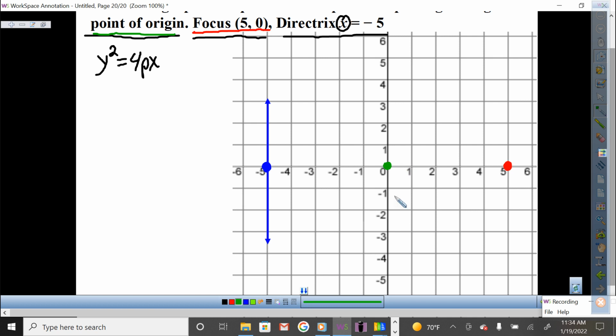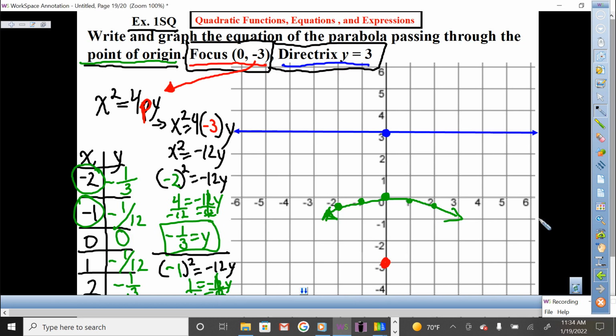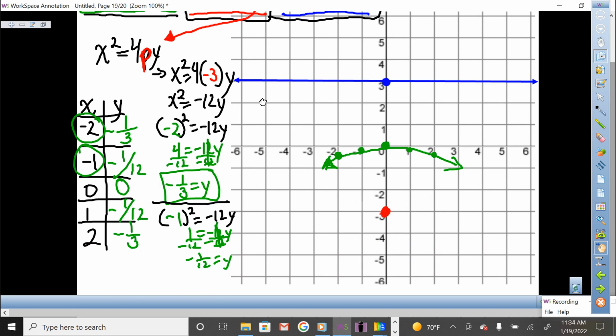Okay. So, with that said, we need a table. X, Y, but before you fill in the values, look up. Look at the previous one. We had x squared, is that correct? And we had x values to substitute in there to get our y.